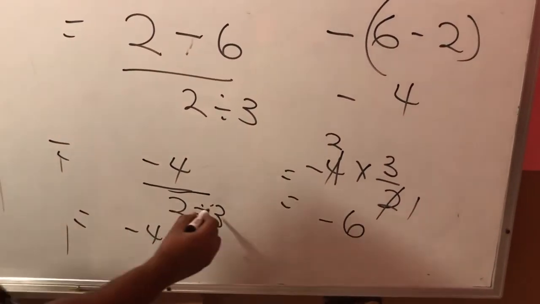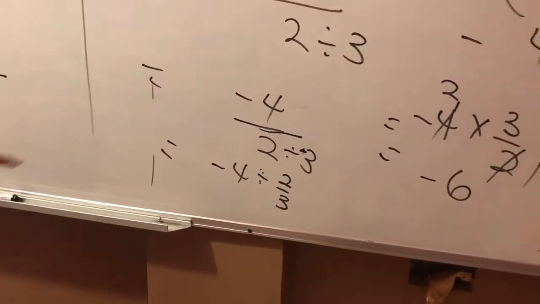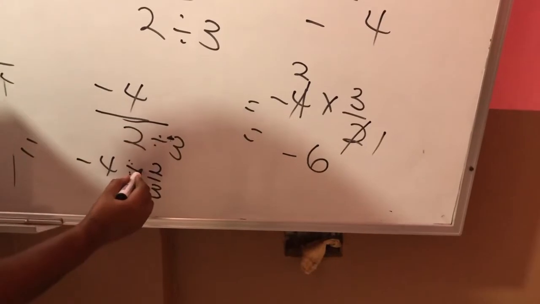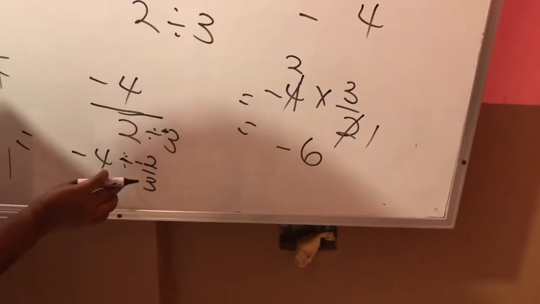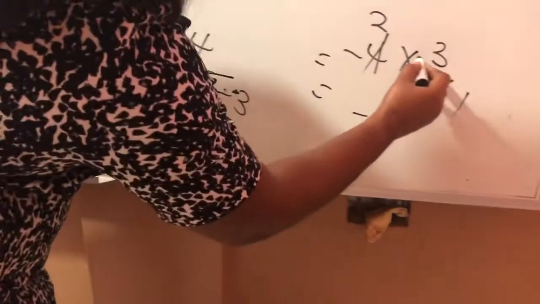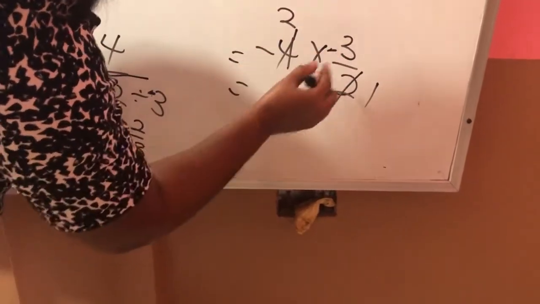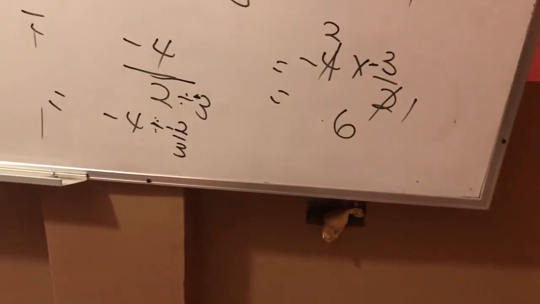I forgot, here it's a minus 3. Here is a minus 3. So I left the minus 3 here. So you have minus 4 divided by negative 2 over 3. So you have your negative here, right? So negative times negative will give you a positive. So I left the negative there.